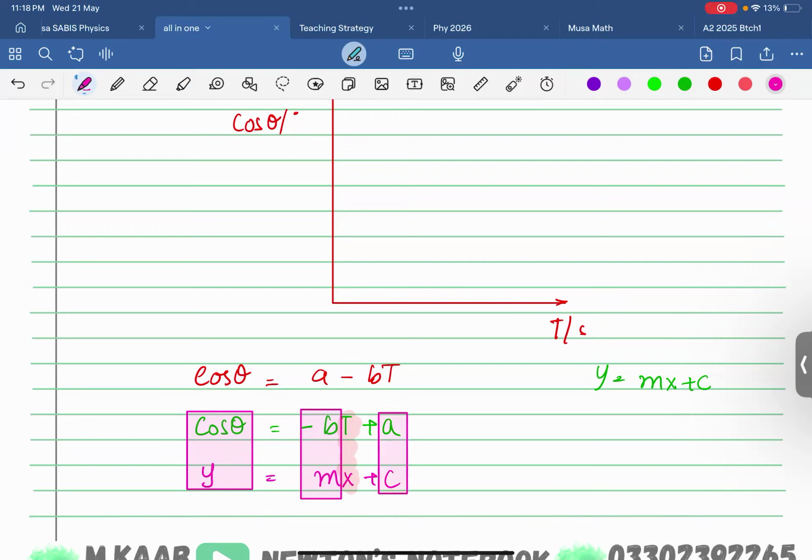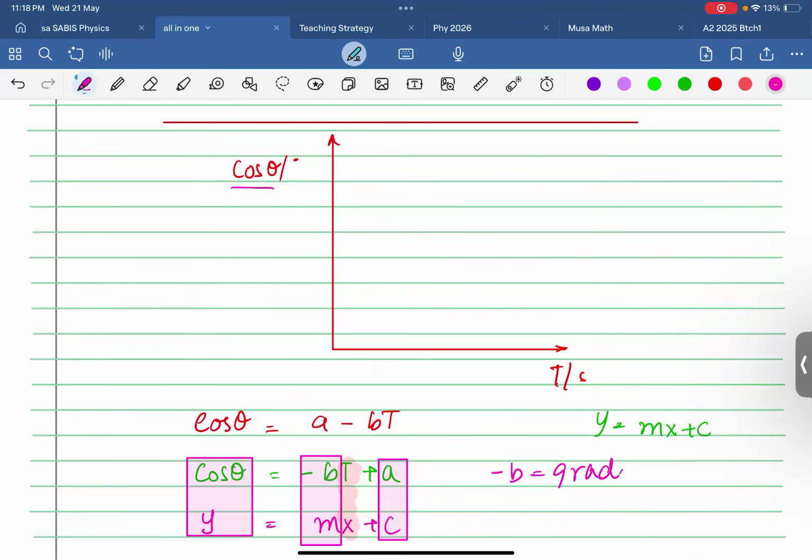In this part they are asking you to find the value of a and b. Your negative b is equivalent to your gradient, so you just need to copy the value of the gradient from the previous part and write it here, but with a unit as well. Gradient means change in y over change in x.